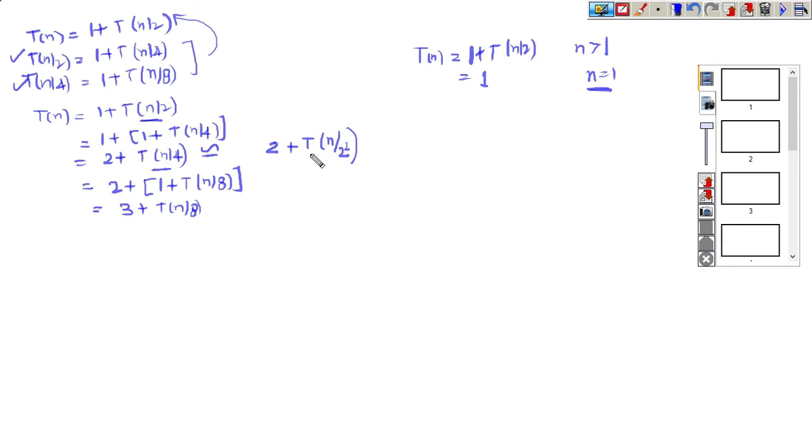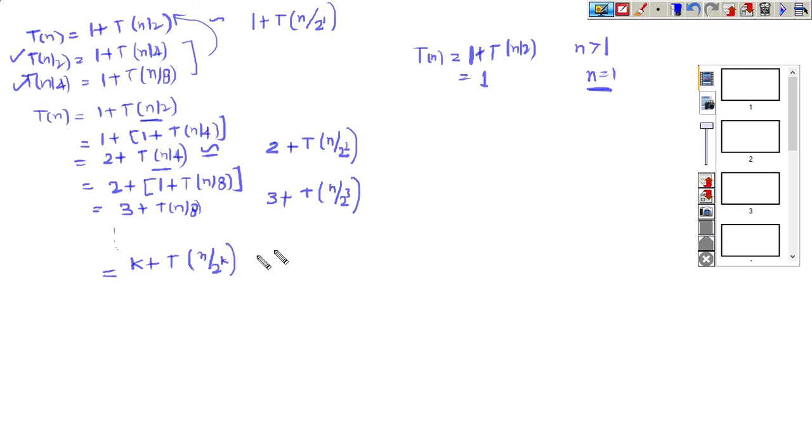When you have a square term, then you have 2 here. So here I can write 3 plus T(n/2^3). You can even write this as 1 plus T(n/2^1). So now we get our generic term. That means if I keep on expanding, I will get k plus T(n/2^k).